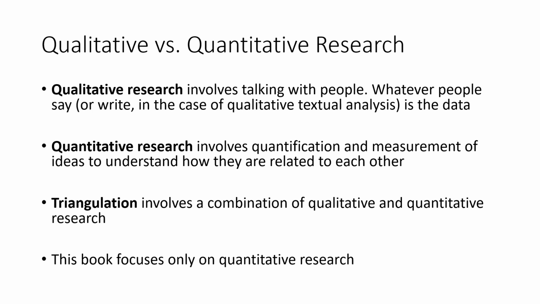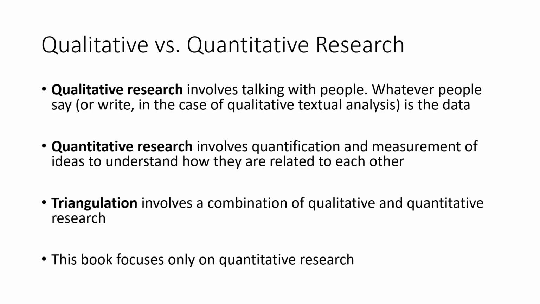And whatever people say, whatever the participant says or writes in the case of qualitative contextual analysis, is the data. So qualitative methods are essentially, at the broadest level, conversations with individuals about a particular topic, and then those conversations are typically transcribed, and then the text that results from those transcriptions is analyzed.